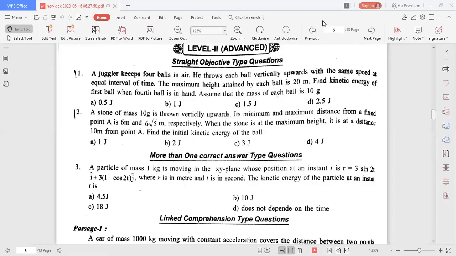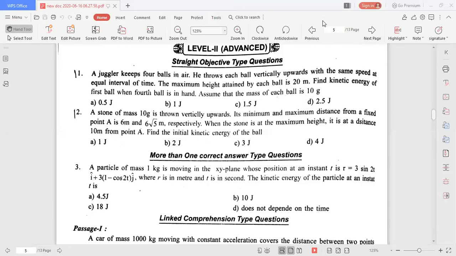A particle of mass 1 kg is moving in the xy plane whose position at any time t is given.